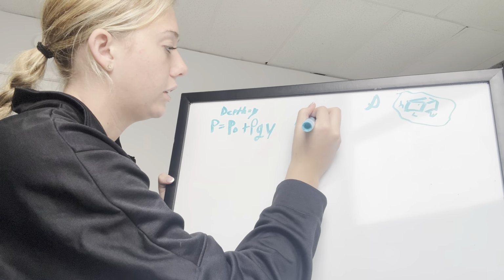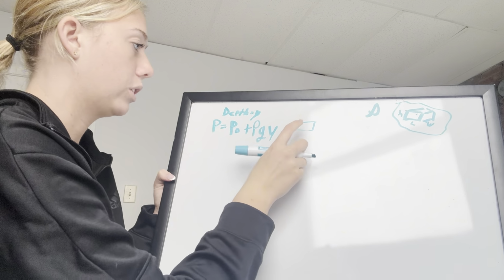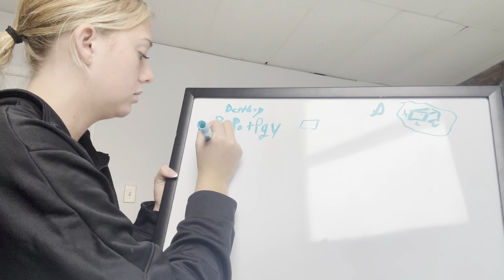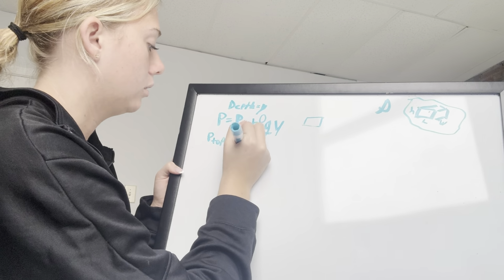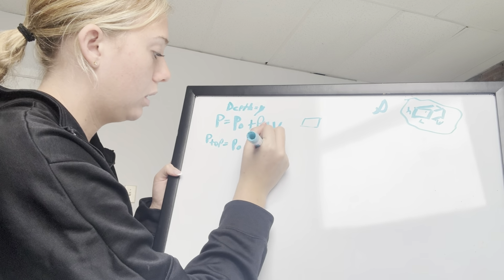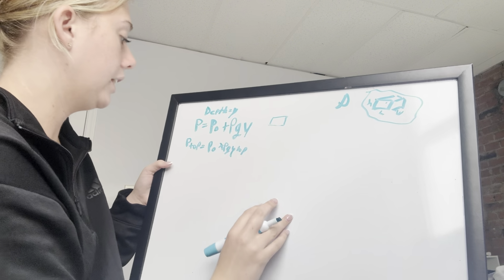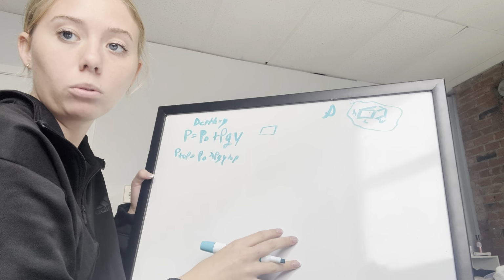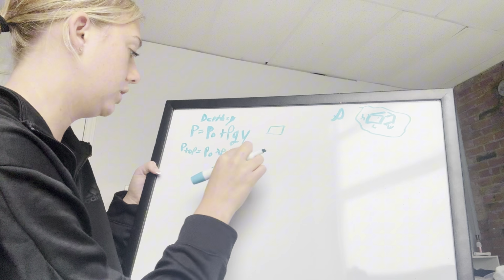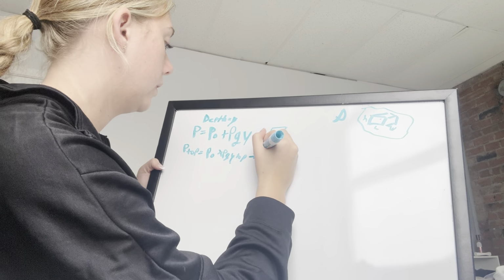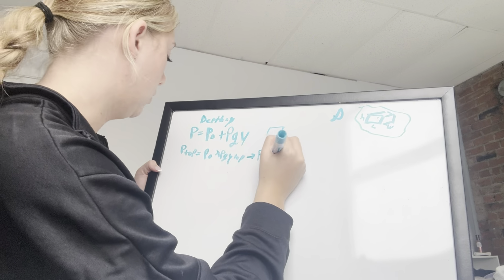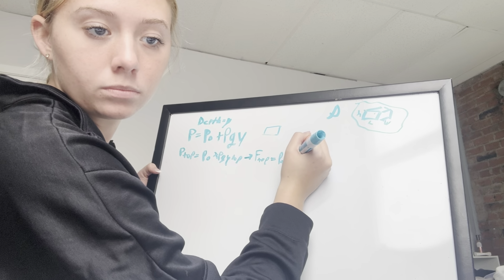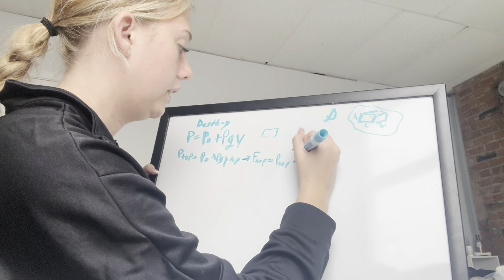Okay, so now we're going to be looking at our top surface. So we're going to have a different pressure, like I said, at the bottom. So looking at that, we're going to have P top equal P0 plus rho g y top. And now we need to take into consideration area because of the pressure from the water. So when we take into consideration area, we have the force top equals P top times area.